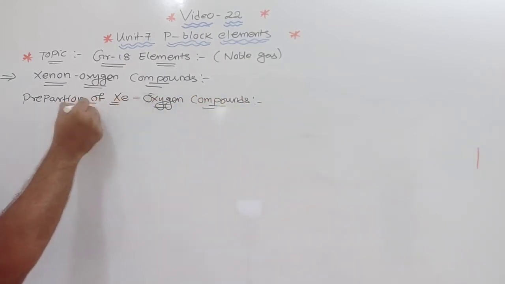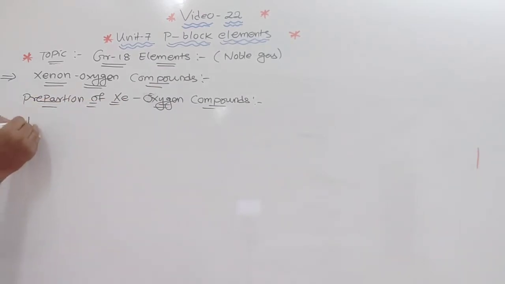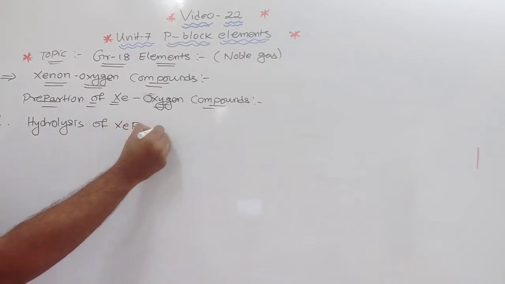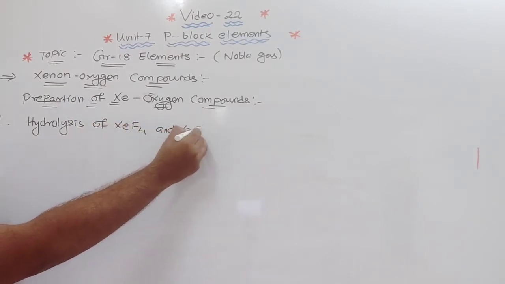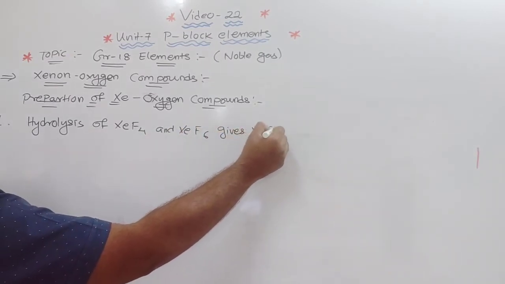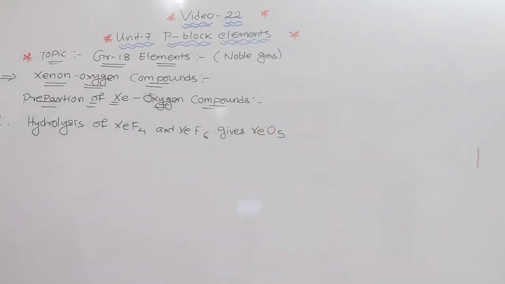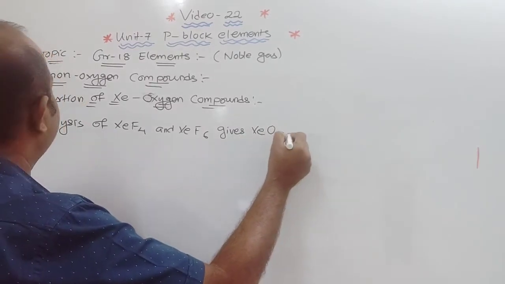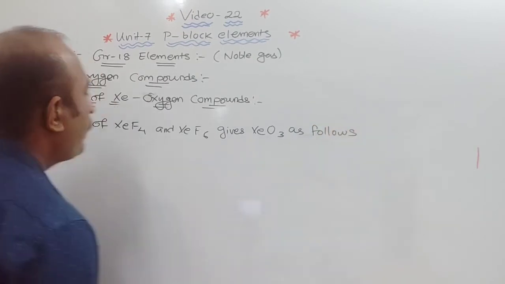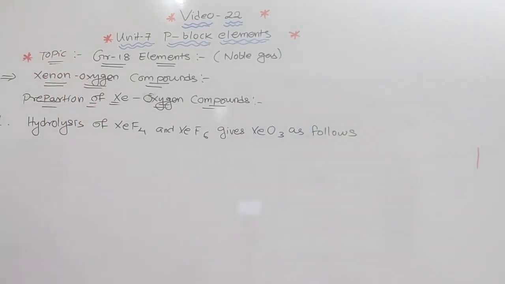Now they can be prepared by hydrolysis of XeF4 and XeF6 gives XeO3, as follows. Clear? Now in this case, you can write down.